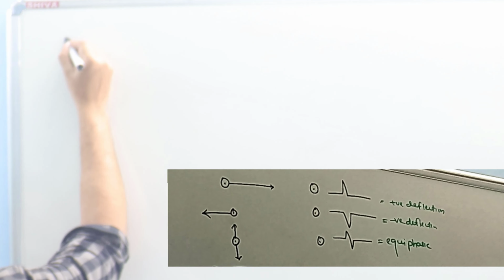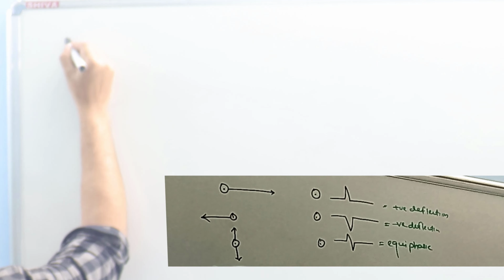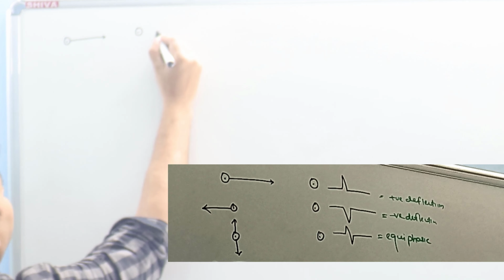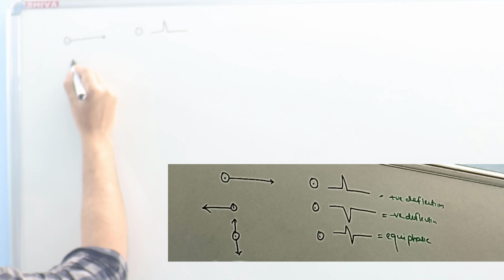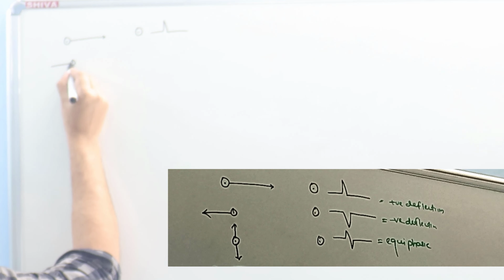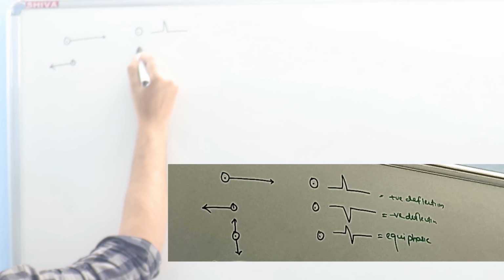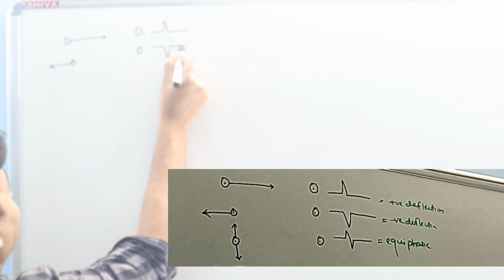Whenever a vector travels in the direction in which the ECG leads are placed, it will have a positive deflection. If it travels opposite to the lead that is placed, it will have a negative deflection.